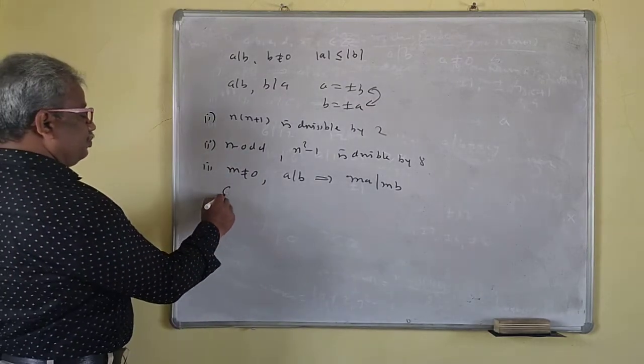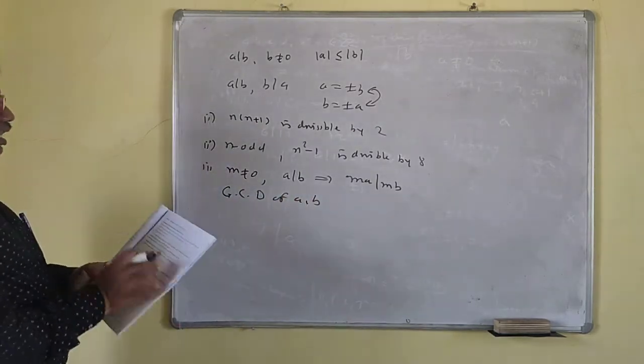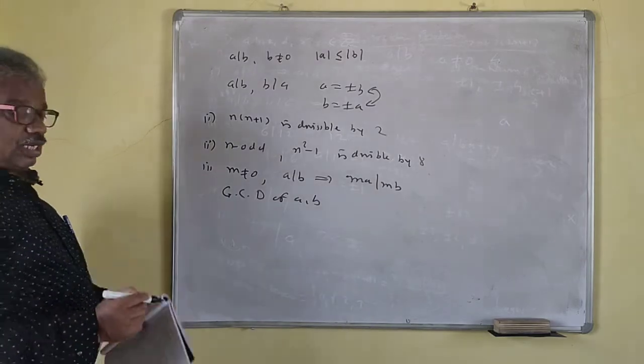Now the GCD of A and B. GCD is always positive.